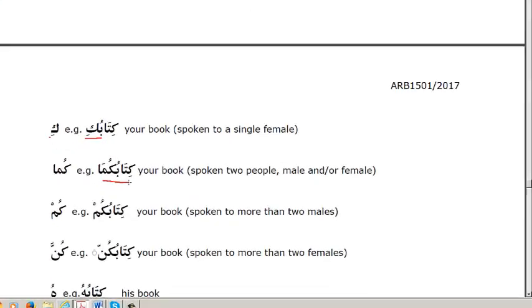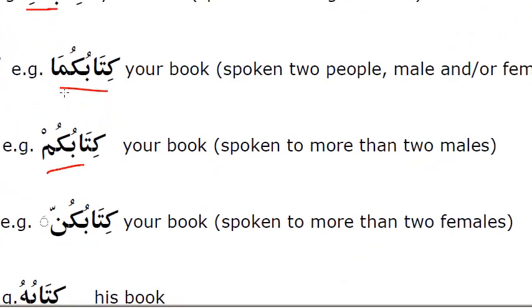We also say, and this is more rare, kitabukuma for two people, and kitabukum for plural male, for more than two males. This kitabukuma, by the way, can apply to both males and females. We also say kitabukunna for three or more females.